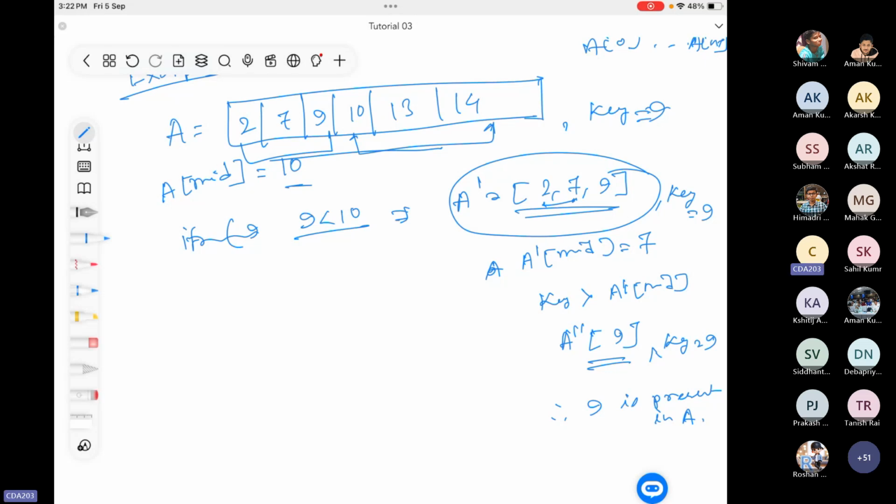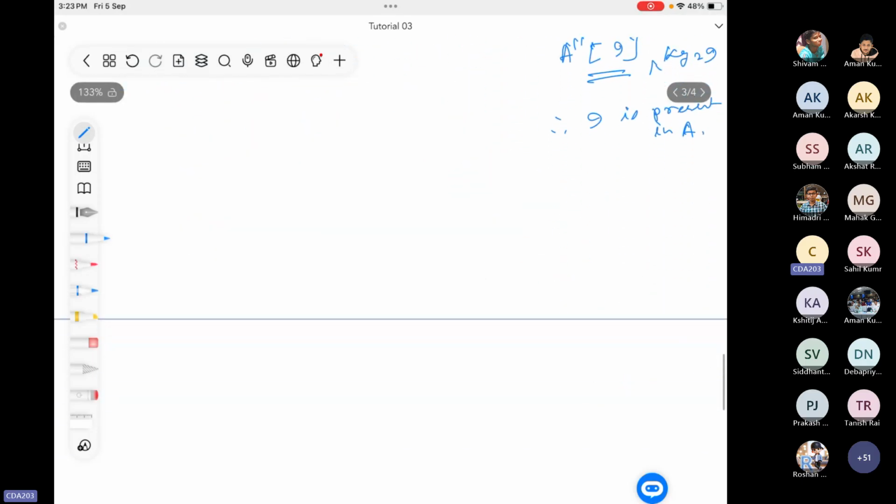That's how you can modify even binary search, because you don't need to repeatedly do these steps. What I am doing here is a recursive process. First, I apply the process on the whole array, then I divide it into smaller arrays, almost half size, and then I apply that process in there.